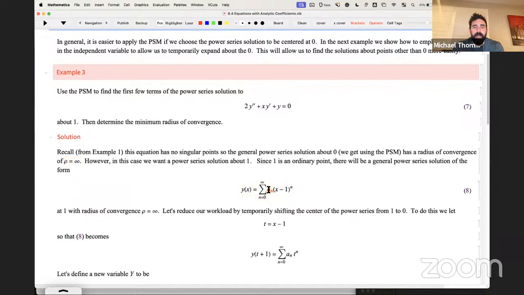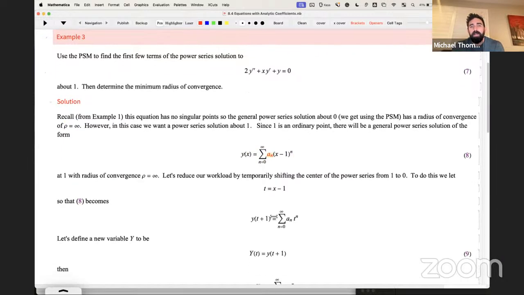Once again, there's our solution. Our job is to find all the coefficients. So here's what we'll do. The problem is this x minus 1. What we can do is temporarily shift the power series from 1 to 0. Right now it's centered at 1. The way we're going to do that is a little change of variables. I'm going to let t be x minus 1.